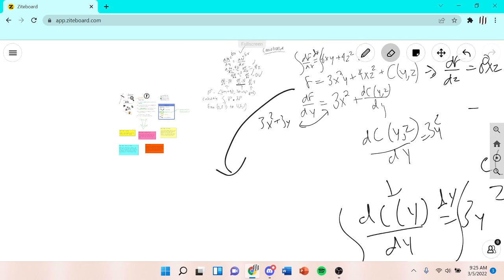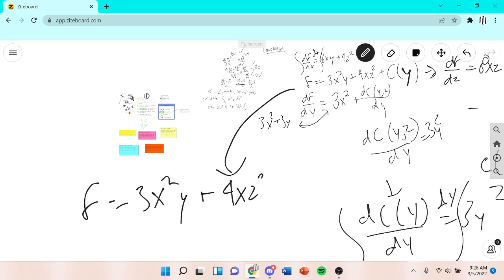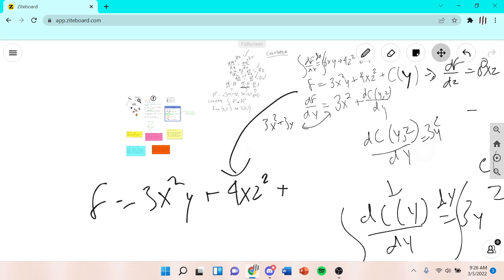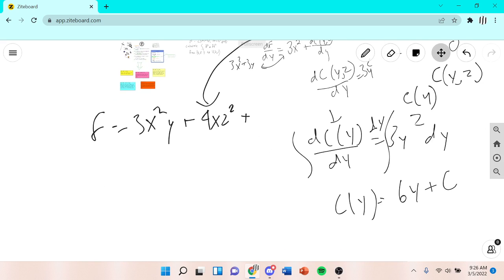Remember, we just made this into c of y. So f is equal to 3x squared y plus 4xz squared plus, sorry, I took the derivative here, this should be y to the third, plus c.